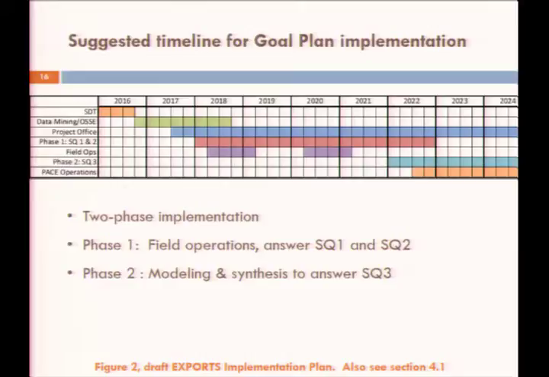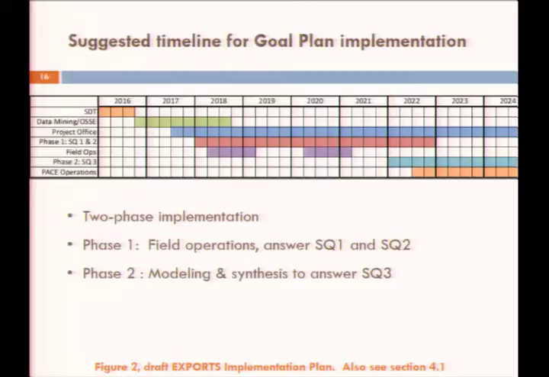If everything goes according to the suggested timeline, we would have the EXPORTS Project Office, which would work for the duration of the project starting in mid-2017. And what we've done here in this planning suggestion is to break apart the work that relies on observations in the field and projects that are taking field observations.